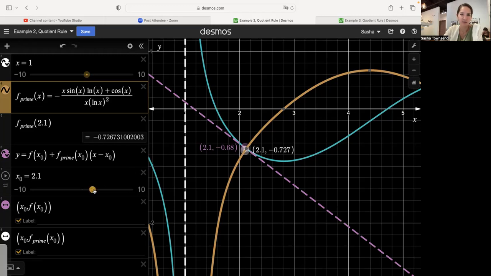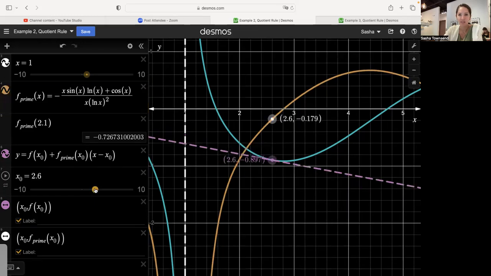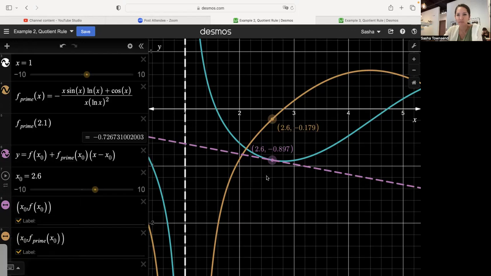It might be easier if we choose a different x value. So if we choose this x value here, actually I want to make sure that that's orange so it matches the derivative graph. The claim is at x equals 2.6, the y value is approximately negative 0.897.